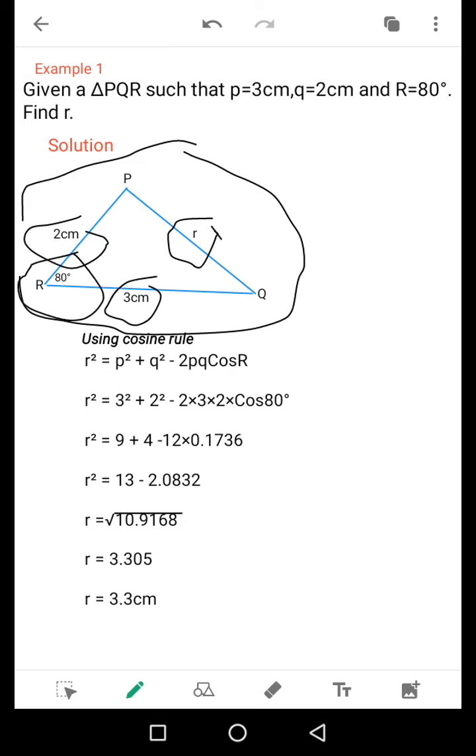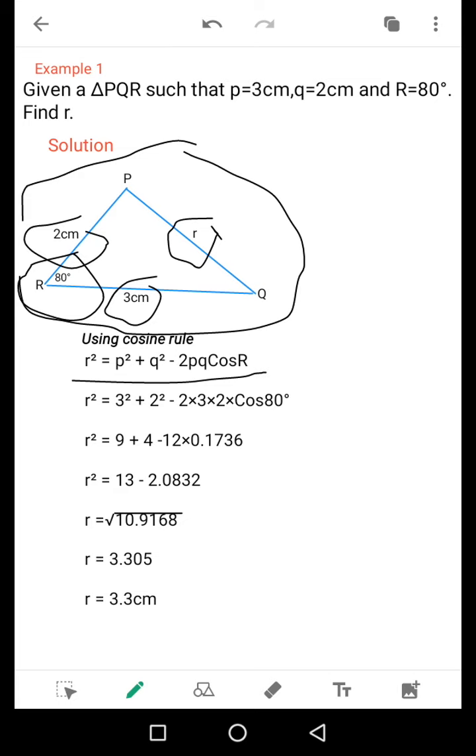So from here, using cosine rule, we have R squared to be P squared plus Q squared minus 2PQ cos R. By substituting the given values, we have R squared to be 3 squared plus 2 squared minus 2 times 3 times 2 times cos 80 degrees.